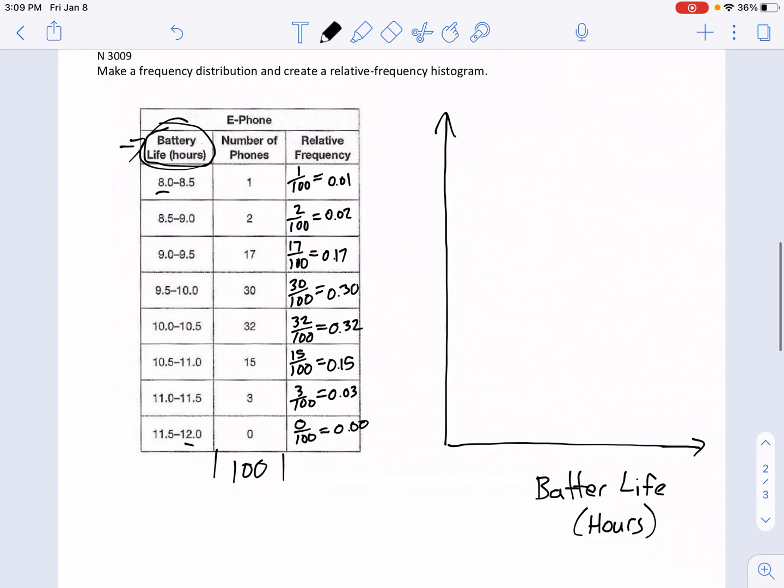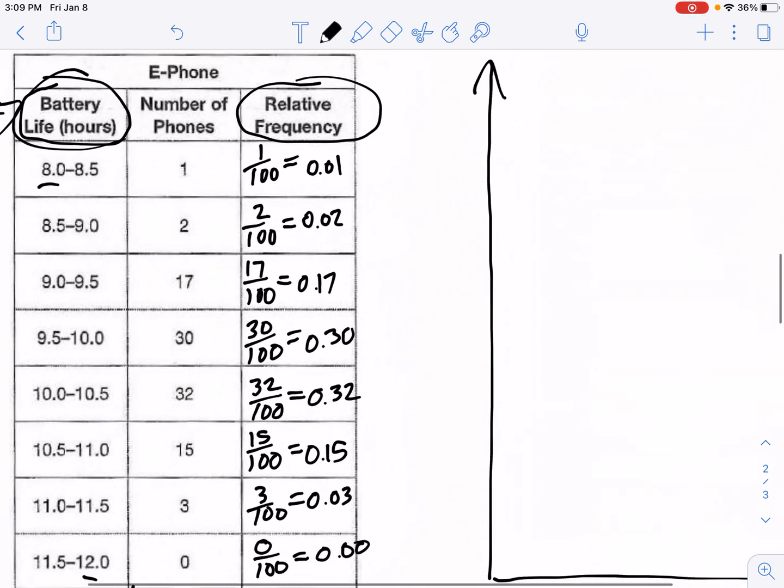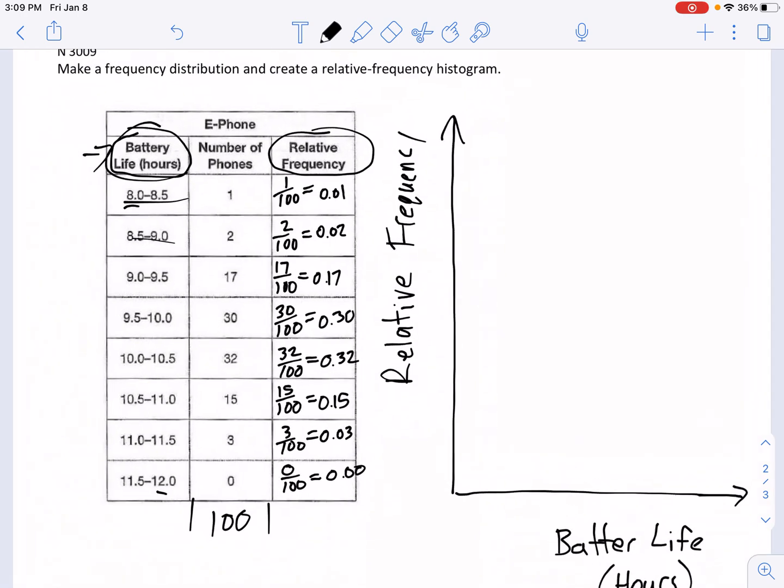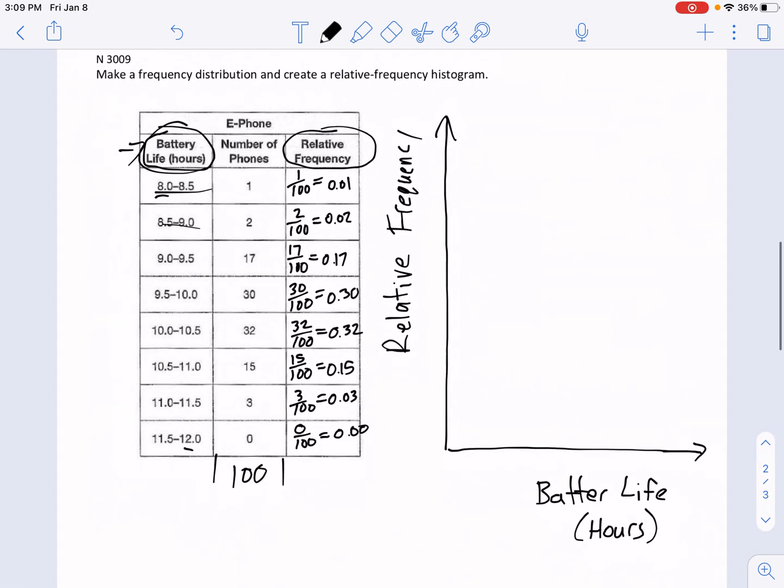Then on the y-axis, what we're going to put there is the relative frequency, because we want to know the relative frequency in each of these ranges. So that's the first thing, labeling our axes.